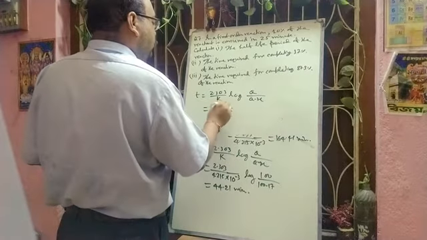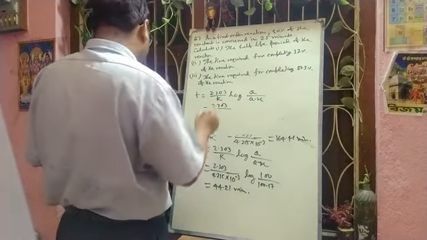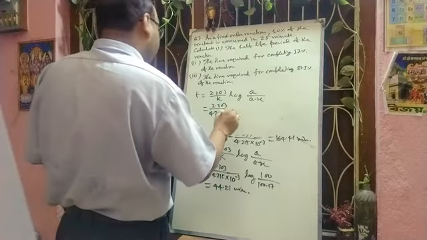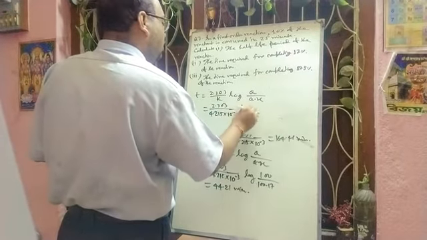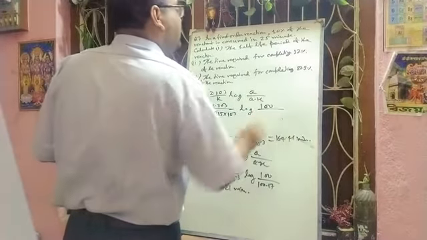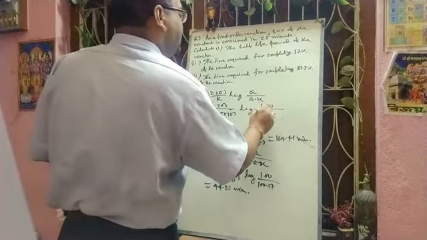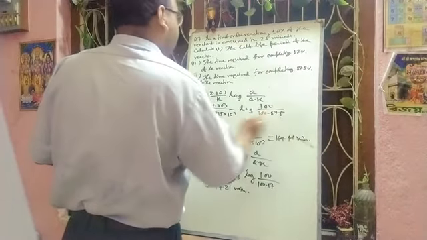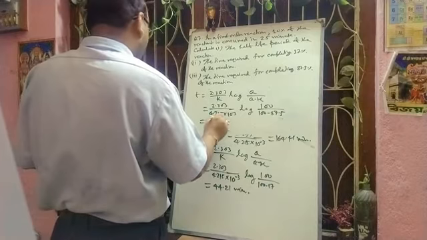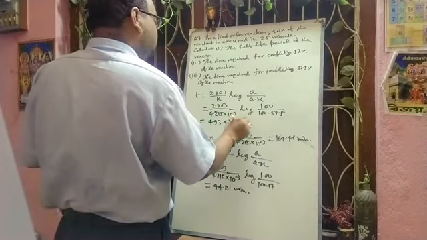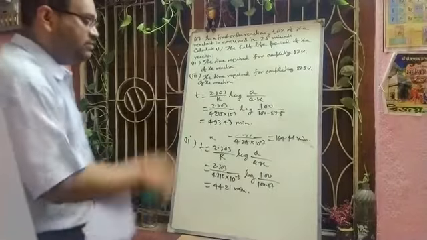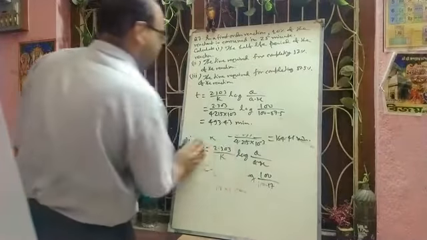So that will be 2.303, the value of k will be 4.215 into 10 to the power minus 3, log 100 divided by 100 minus 87.5. If you calculate the value, you will get 493.43 minutes. That will be the answer of this question. So in this way you have to solve this type of questions.